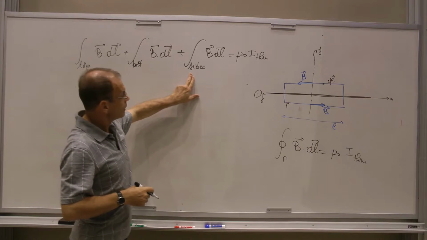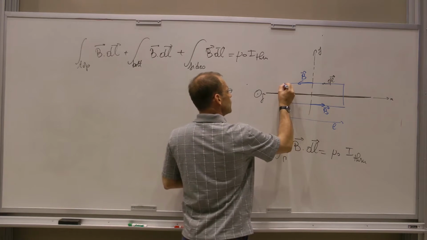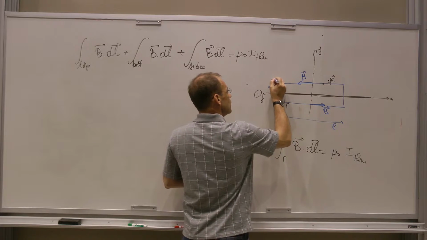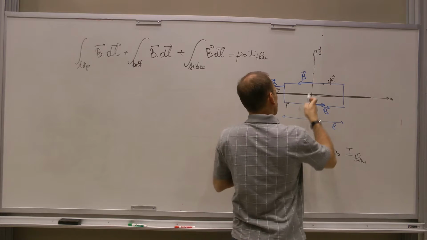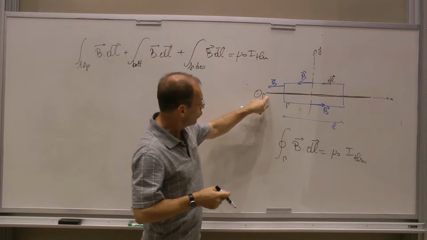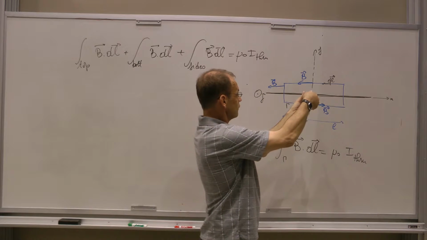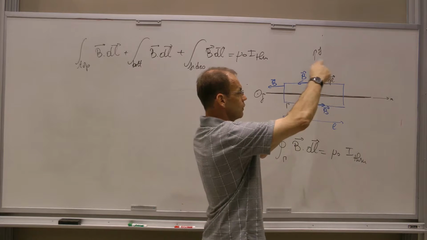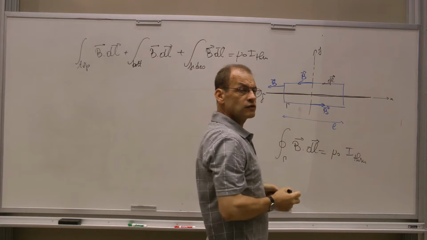The B dot dl on the sides. On the sides, the magnetic field, remember, is still pointing this way. It doesn't change its magnitude nor its direction. My dl, which by the way is oriented based on the right-hand rule, if you can see the current sticking out, requires turning the screw counterclockwise in order for the screw to come out in the same direction as the current.